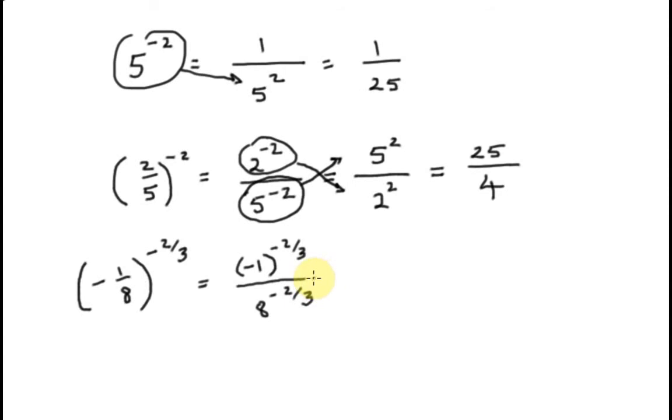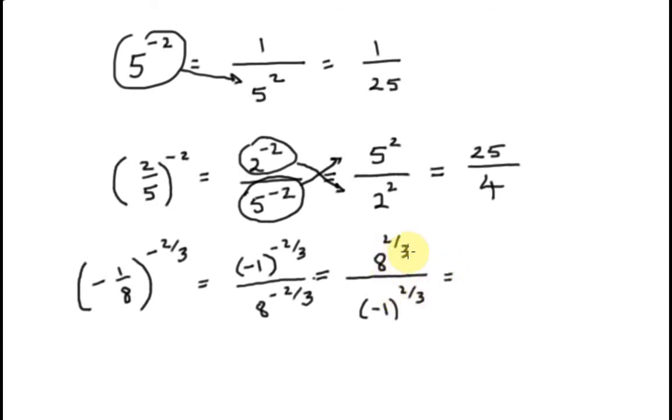Okay, now I'm going to do this switcheroo trick that I did up here in this example. I'm going to take this and write it on the bottom, and change the negative exponent to a positive 2/3. And do the same thing with the 8 to the negative 2/3. I'm going to move that to the top, changing the negative exponent to a positive exponent.